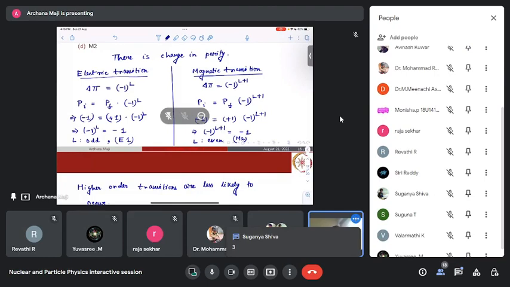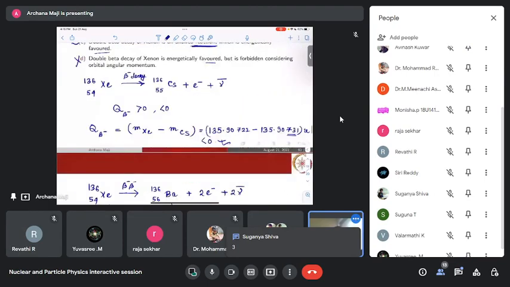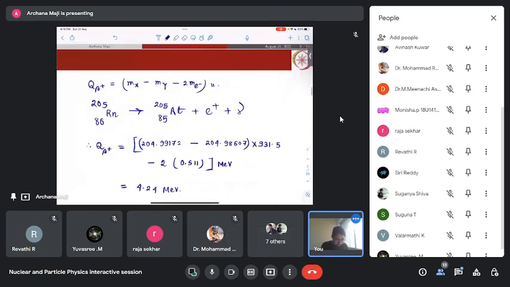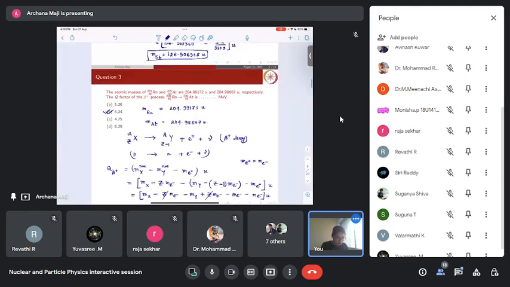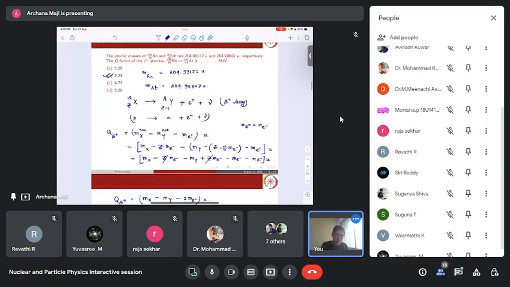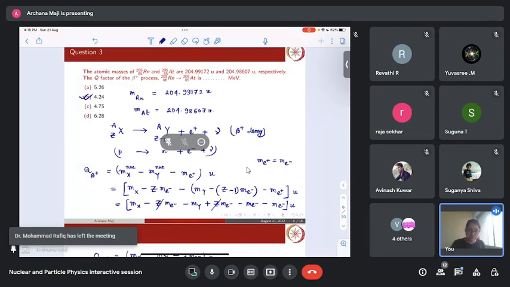Third question. Okay. Last step of the third question. Well, here it is just the Q factor of beta plus decay. I'm sure you are asking some other question. Would you please unmute yourself and then tell me which particular question?